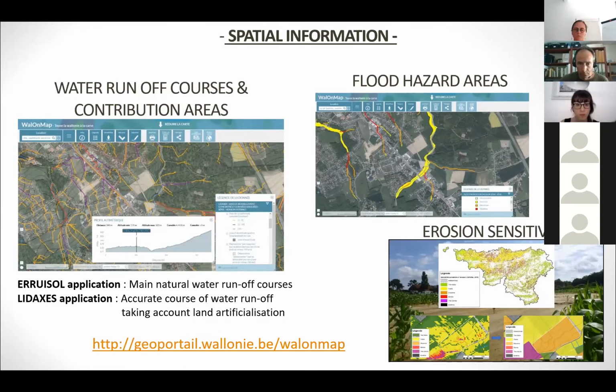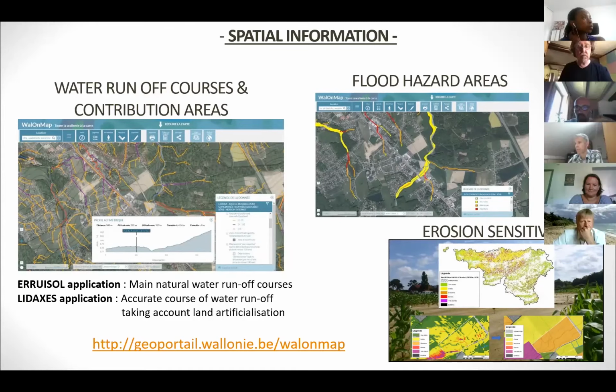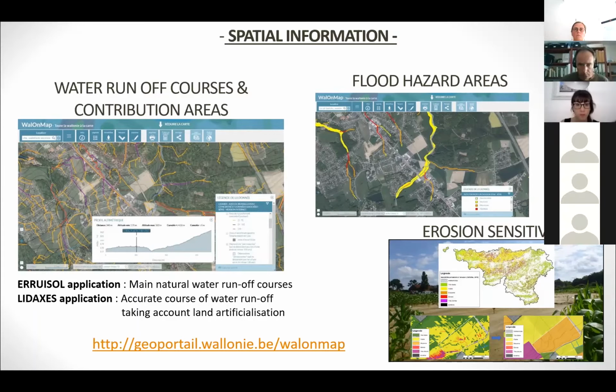You have also the flood hazard maps. So it's a product also from the administration, and these supports are gathered in one portal in Wallonia. So it's the portal One Map, where everything you want to have on maps, we try to make it available. Next, please.